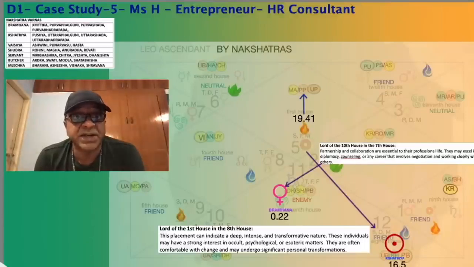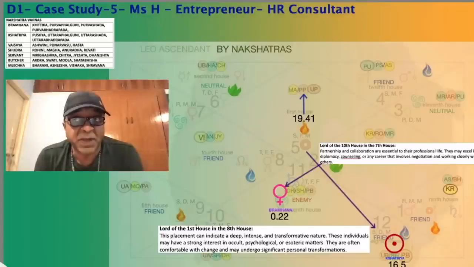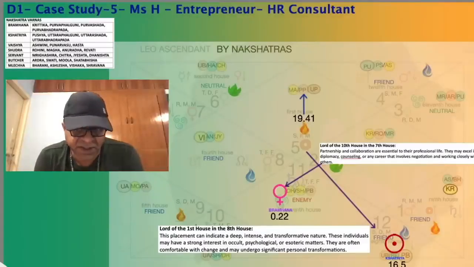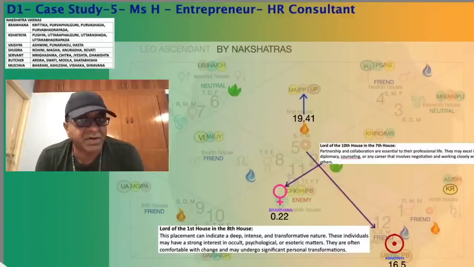Right away, there is a leadership quality about this woman because Sun is shining, but the Sun has gone and buried itself in the 8th house, sitting in Revati Nakshatra at 16.5 degrees, as you can see there. So let's just see what the Lord of the 10th and the Lord of the 1st signify here, because we are still in the D1 chart.